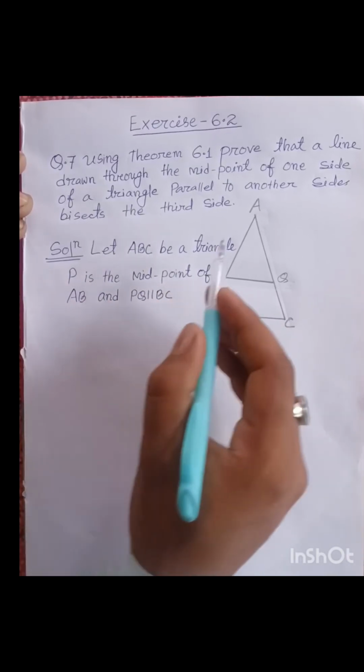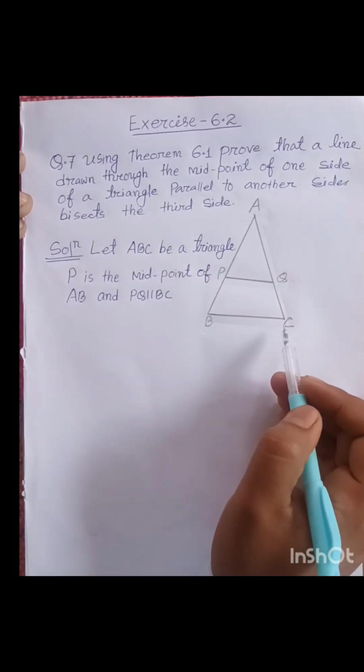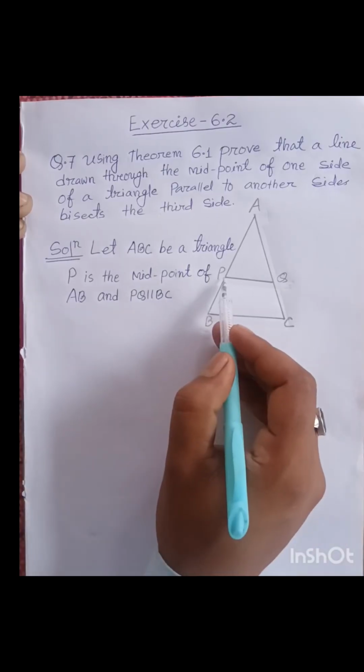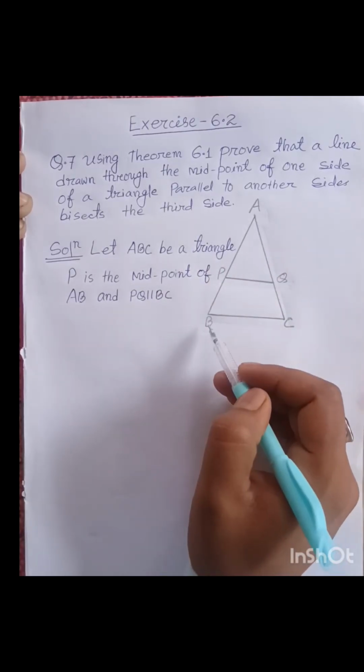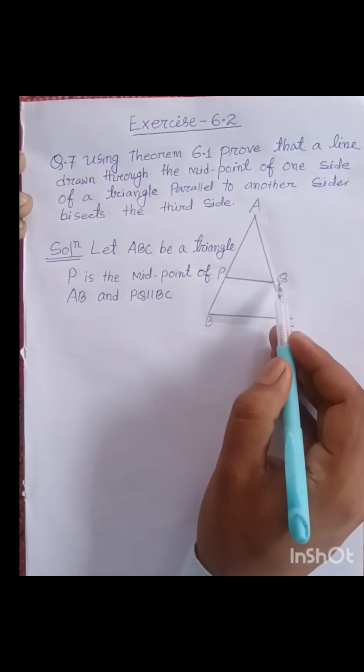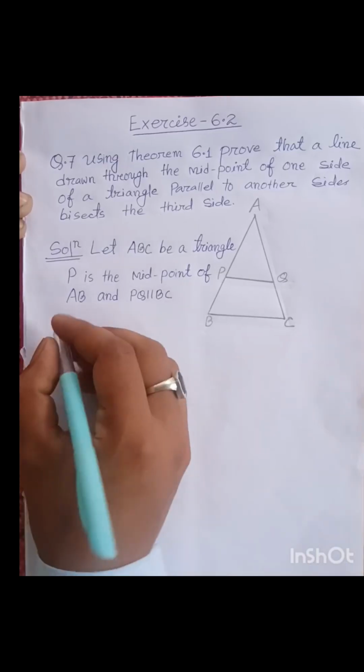Let ABC be a triangle, P is the midpoint of AB and PQ parallel BC.